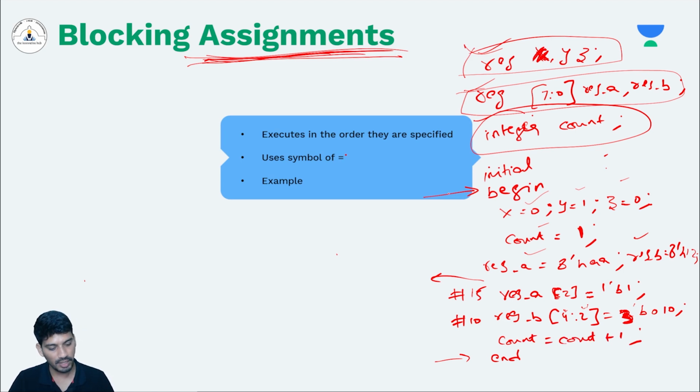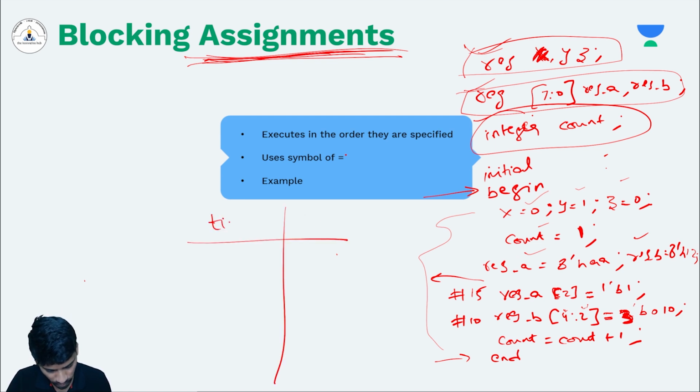These are the different blocking statements, because I have used only the is equal to symbol. So these are called blocking assignments. Let's see what happens along the time axis. There is no delay for these first lines, right?